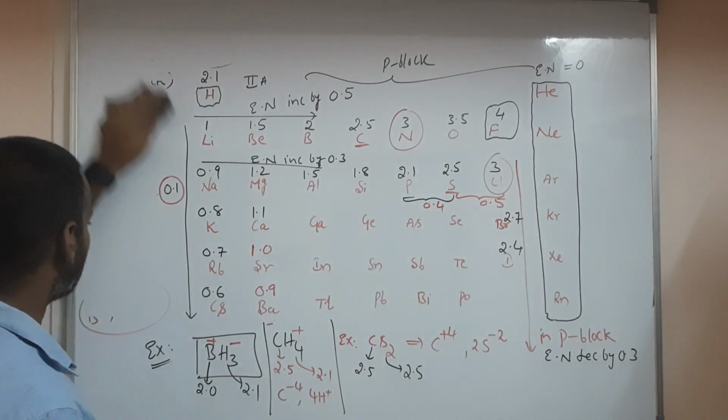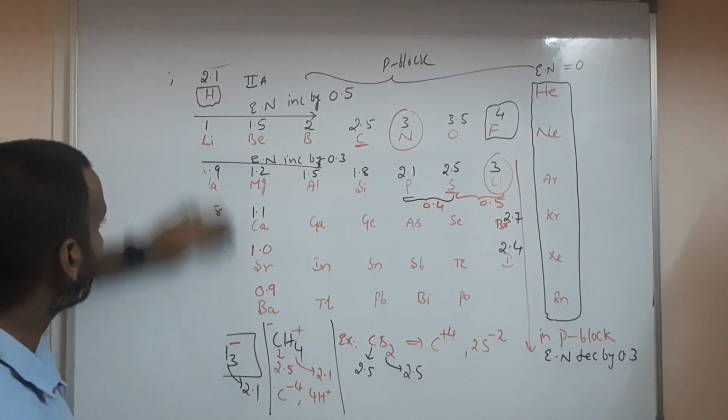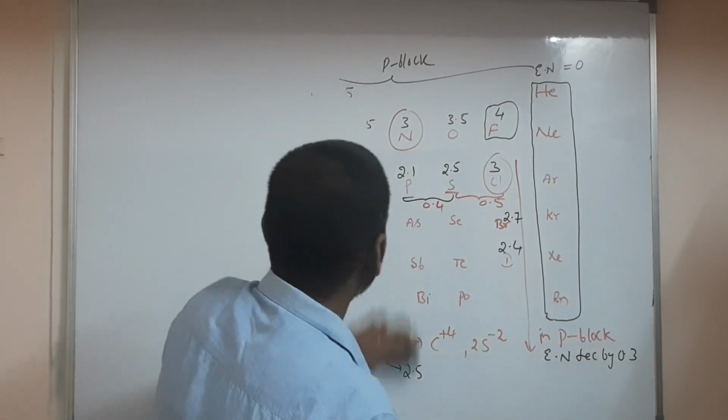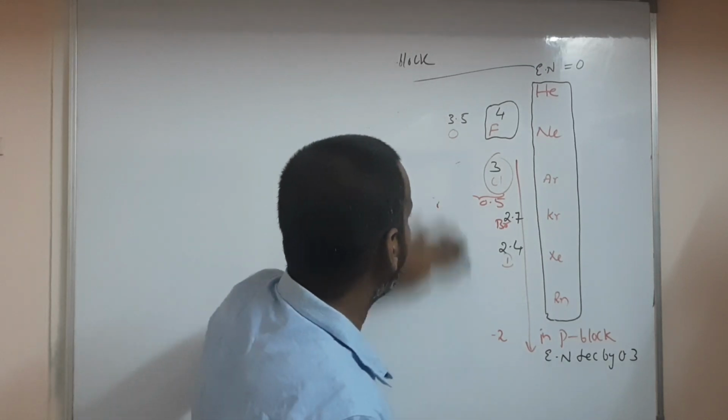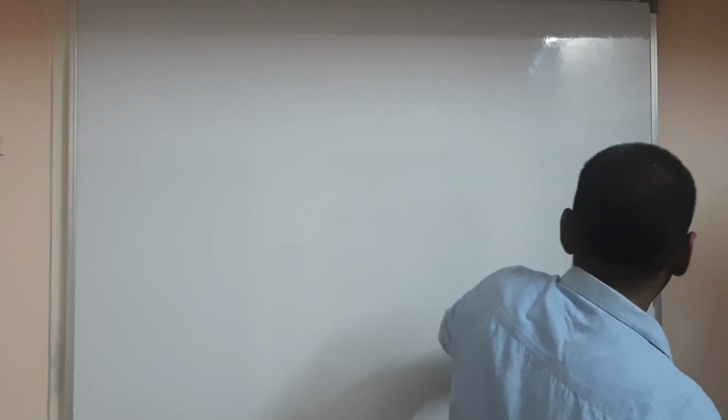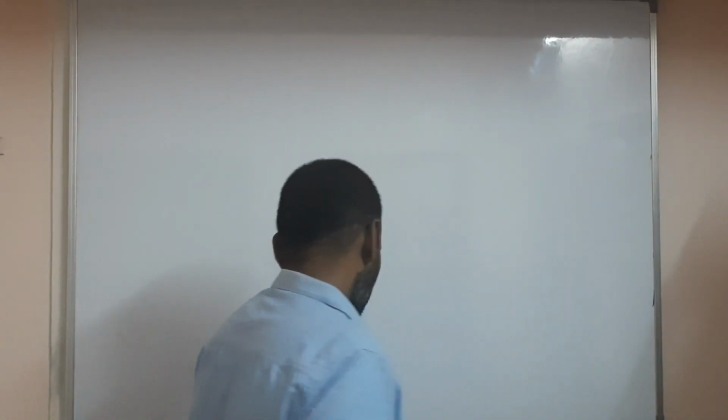Okay, so next is, by using these electronegativity values, how we can say the nature of a chemical bond. Very, very important, sir. So please have a look.